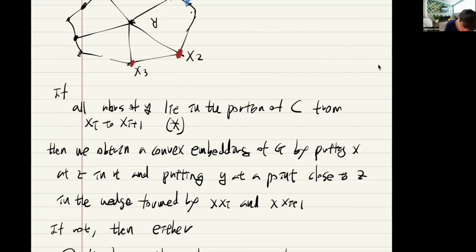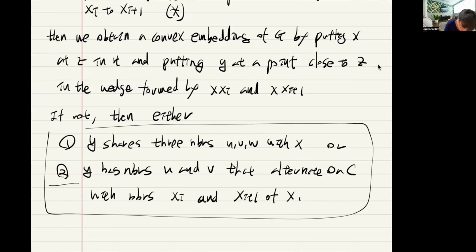So in any case, we can check that one of these two must hold.